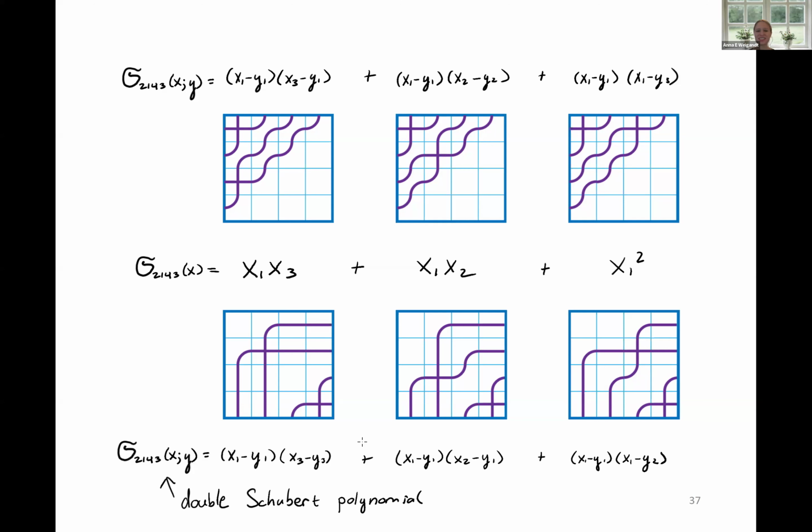And if you try to just line things up with this x's and y's version, well, now you're trying to line up these products of binomials. And even though they're going to expand to both be the double Schubert polynomial, you just can't line up object by object with each other to get a bijection that preserves these binomials.